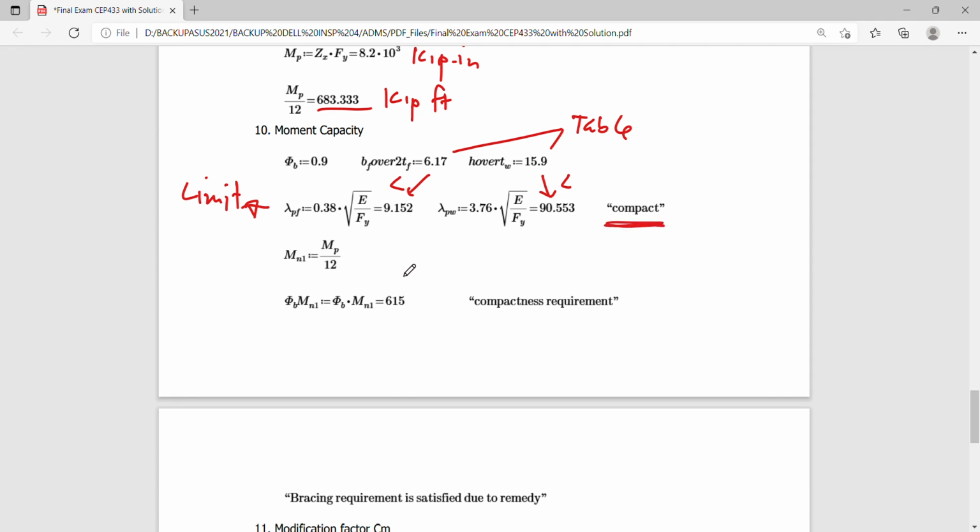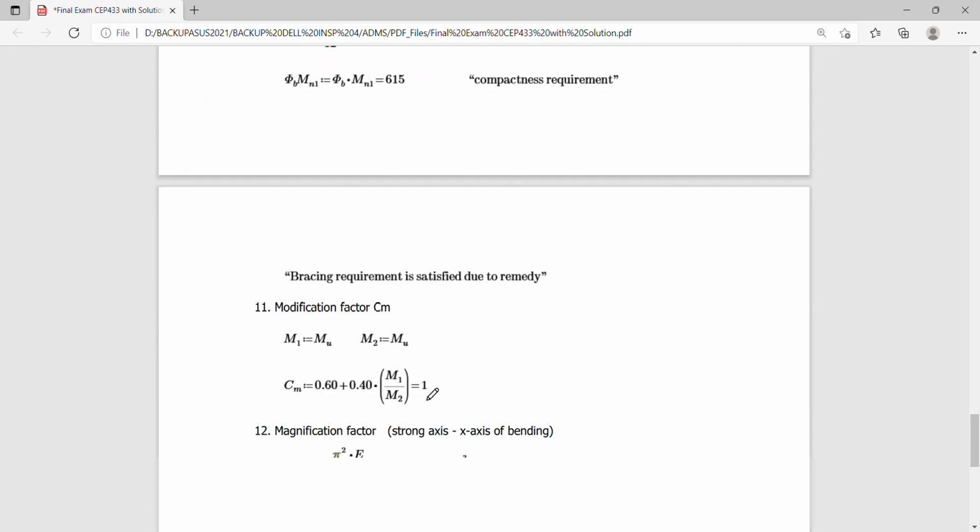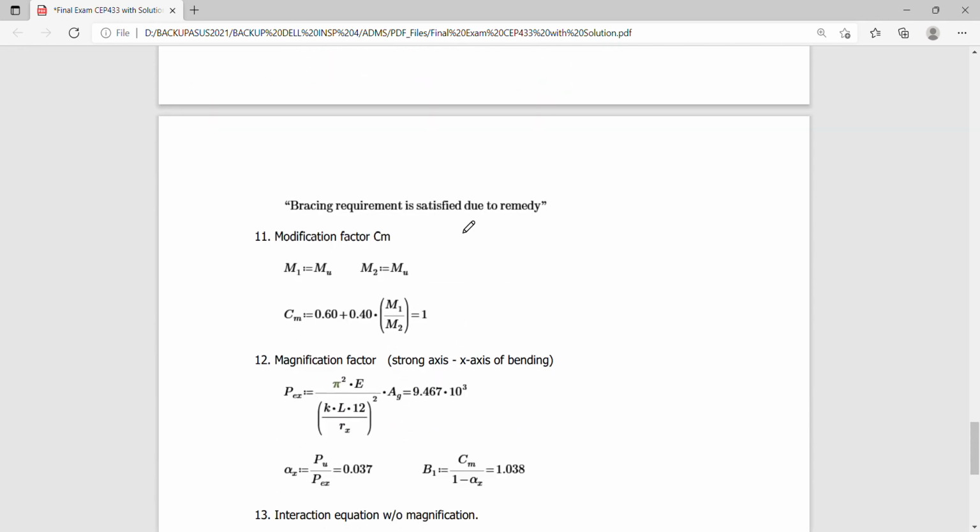So we don't have any problem now on compactness requirement and lateral torsional buckling because we have remedied it a while ago. So our bracing requirement is therefore satisfied due to that.